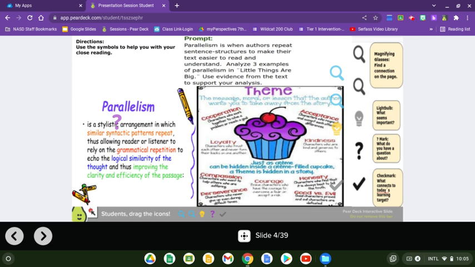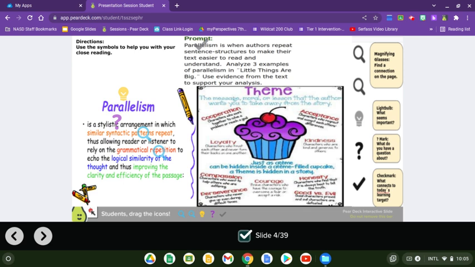Thus allowing the reader or listener to rely on the grammatical repetition. Oh, now I do know that word, repetition. And I know that if something repeats, I bet it has something to do with a pattern. To echo the logical similarity of thought and improve the clarity and efficiency of the passage. Well, this is about parallelism, and that's in our prompt, right?